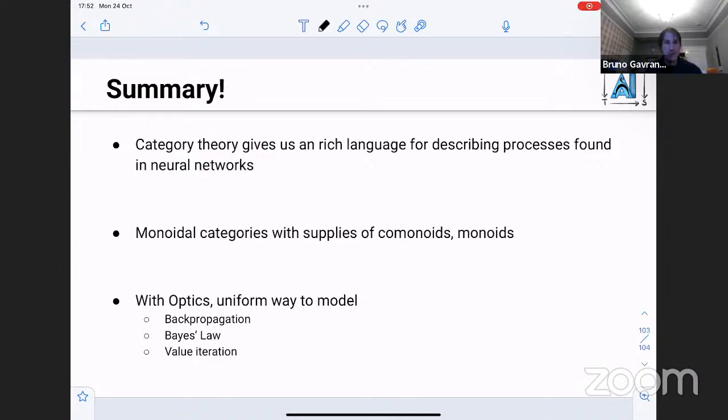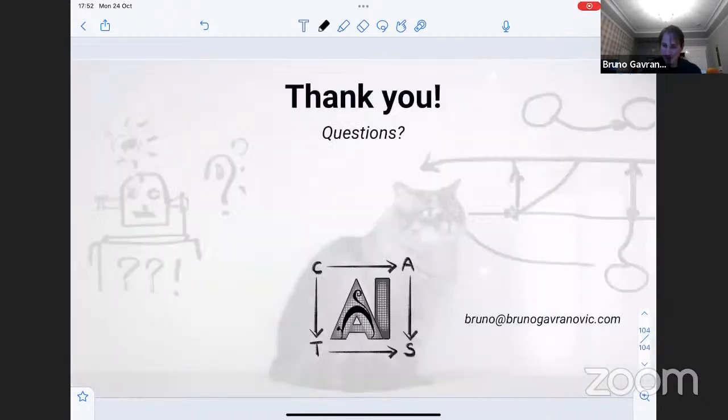We mentioned monoidal categories with supplies of monoids, comonoids, but there are many more that can be found in the literature. And I hope we've conveyed that with lenses and optics, you can model this bidirectionality. Really, it's a canonical data structure for bidirectional transformations. Anytime you have something that goes forward and backward, you might have a lens or an optic at hand. So I think this is where I'm going to stop, and thank you for your attention.